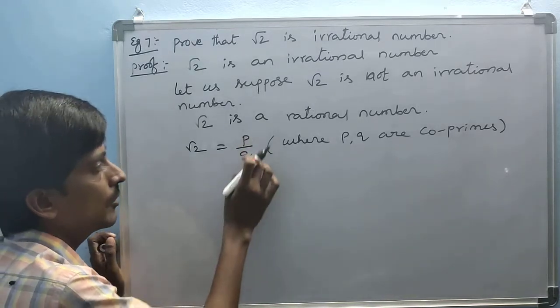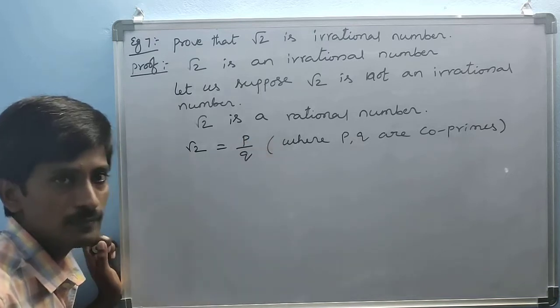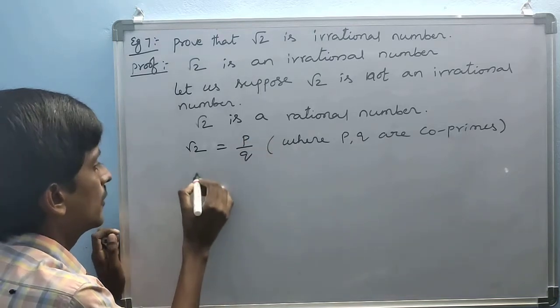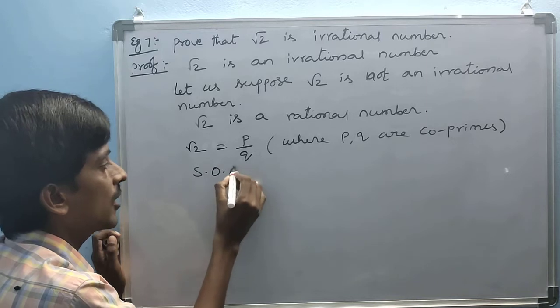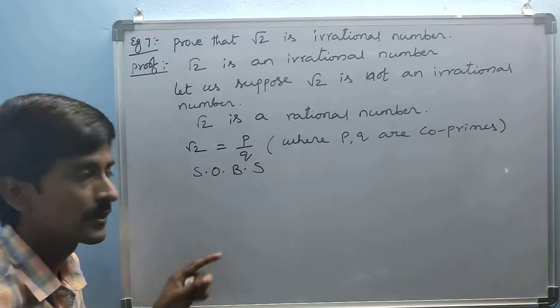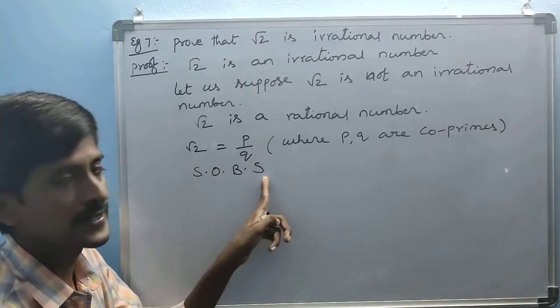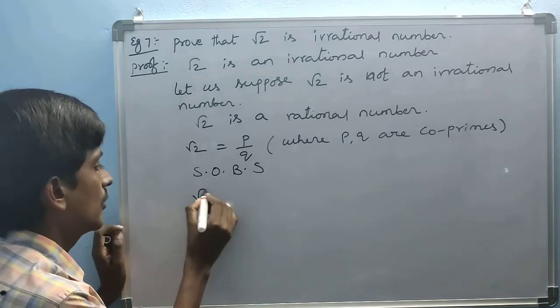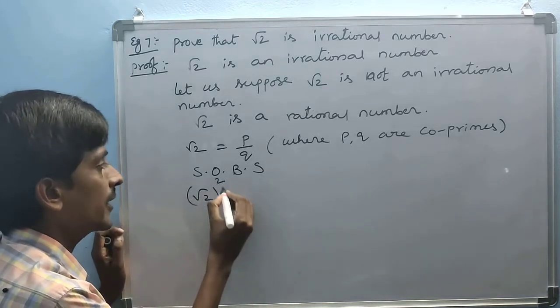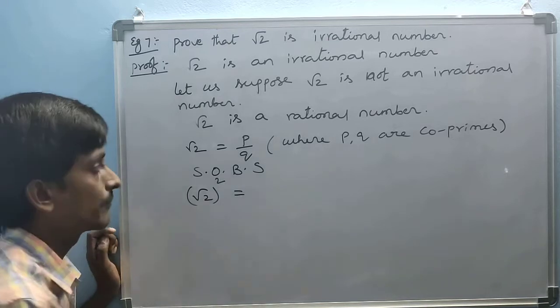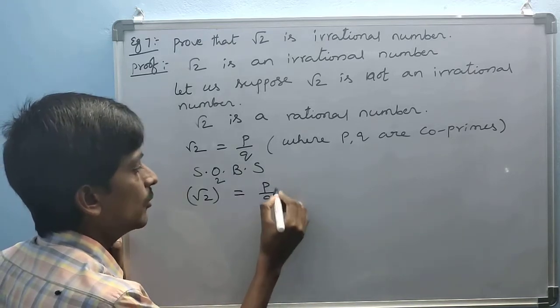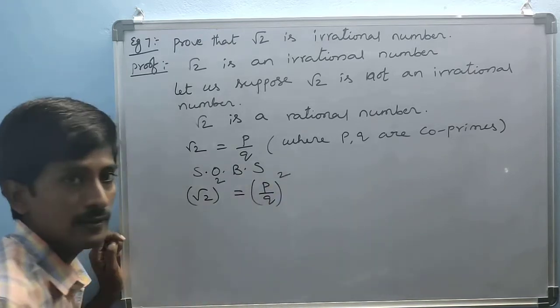Root 2 equals p by q. Now, squaring on both sides. Root 2 whole square equals p by q whole square.